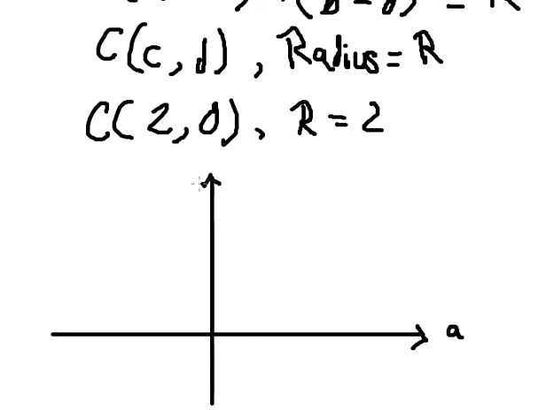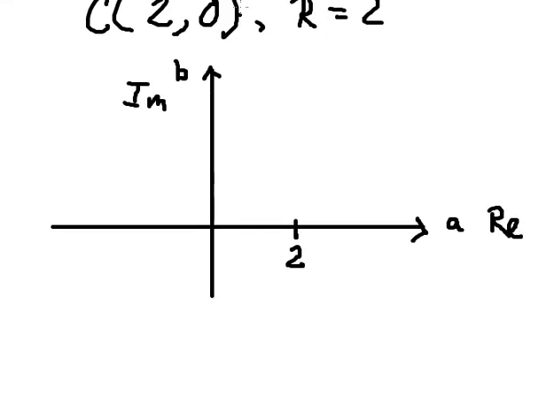This one is for b, the imaginary axis. For a, we have number 2, so we put 2 here. b is 0, here. So the location of the center is here. The radius is 2, so it should be like this.